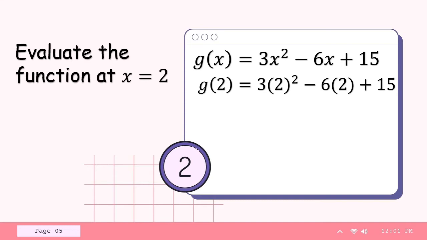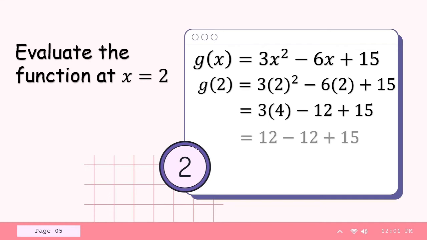Negative 6 times 2 is equal to negative 12. 3 times 4 is equal to 12. So that will become 12 minus 12 plus 15. 12 minus 12 is equal to 0 plus 15 is equal to 15. That means g of 2 is equal to 15.